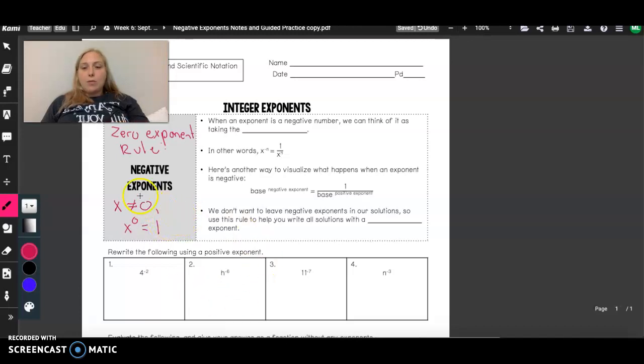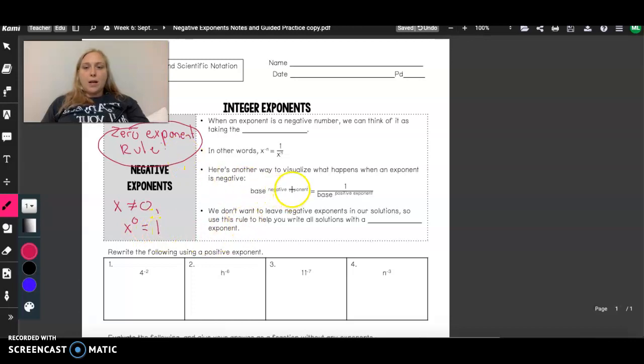And that's all you have to remember as far as the zero exponent rule. Okay? The base cannot be 0, and as long as that base is not 0, anything raised up to the 0 power is going to equal 1.